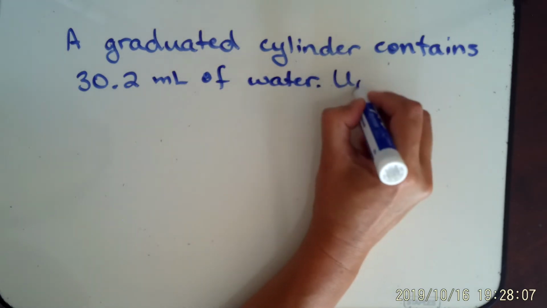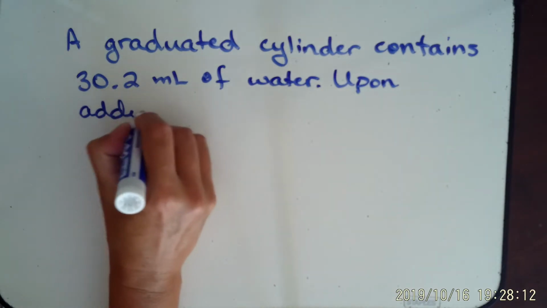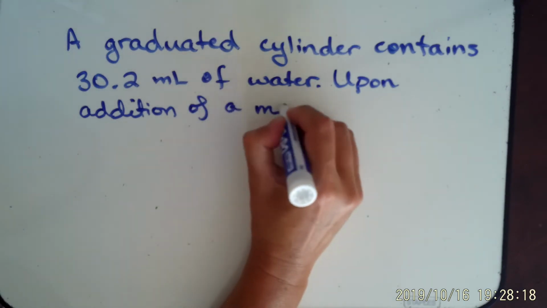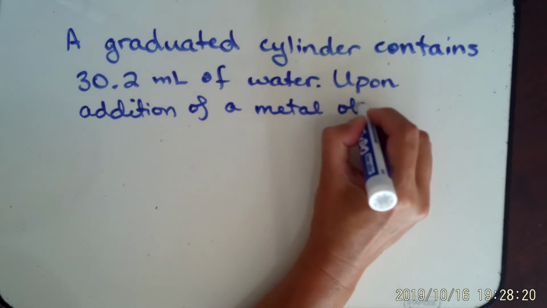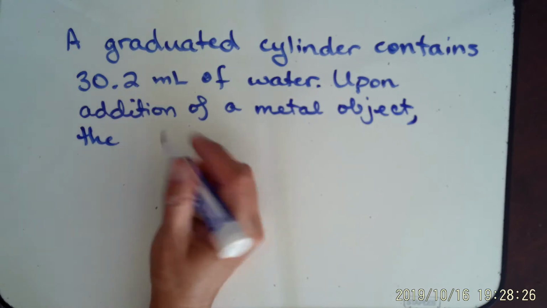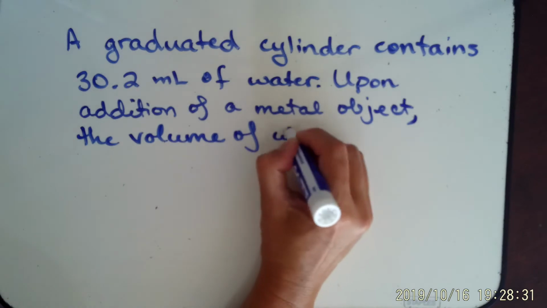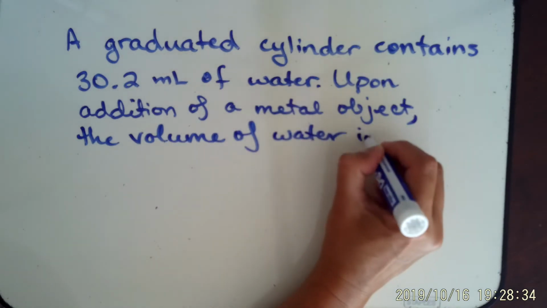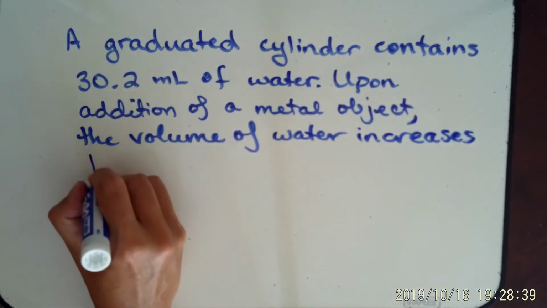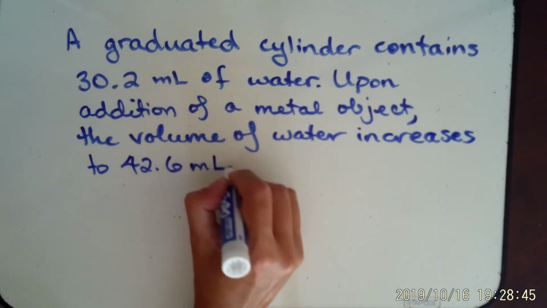Upon addition of a metal object, the volume of water increases to 42.6 milliliters.